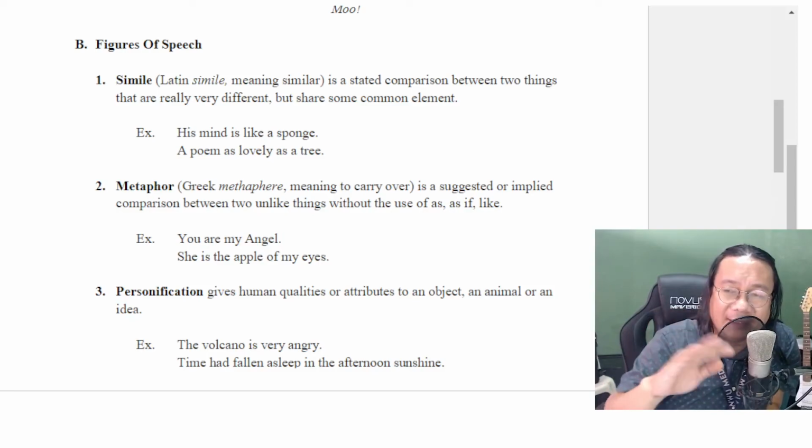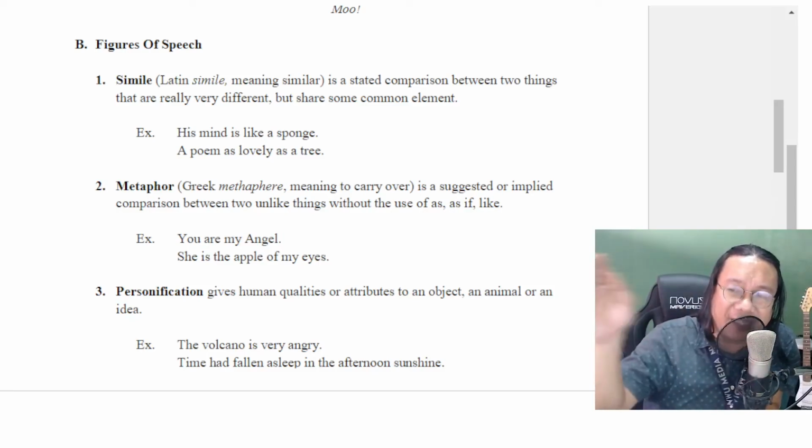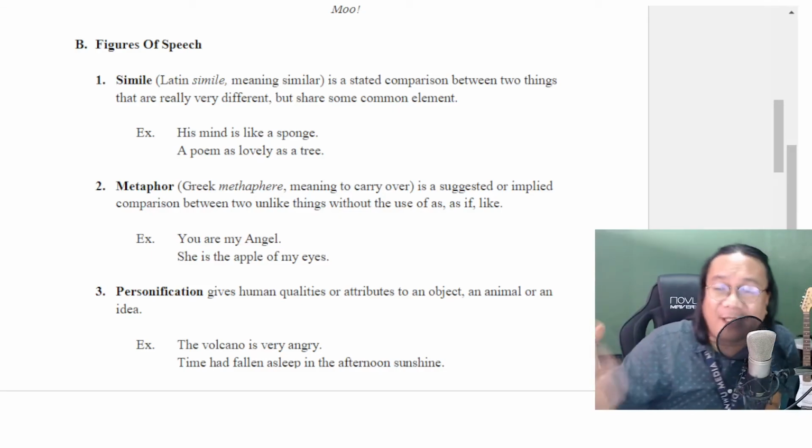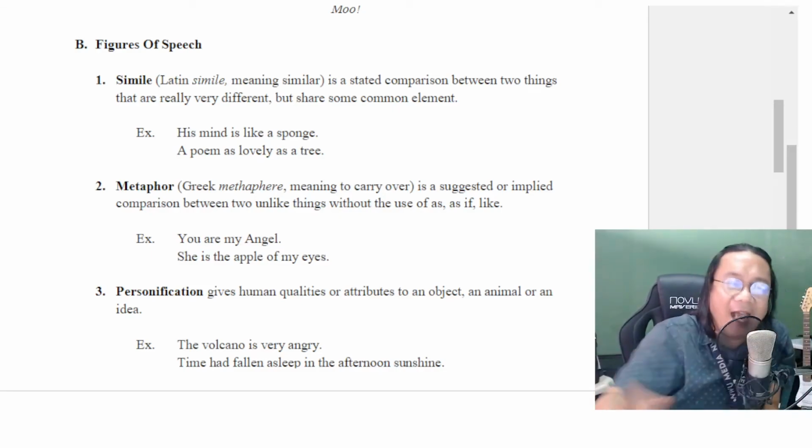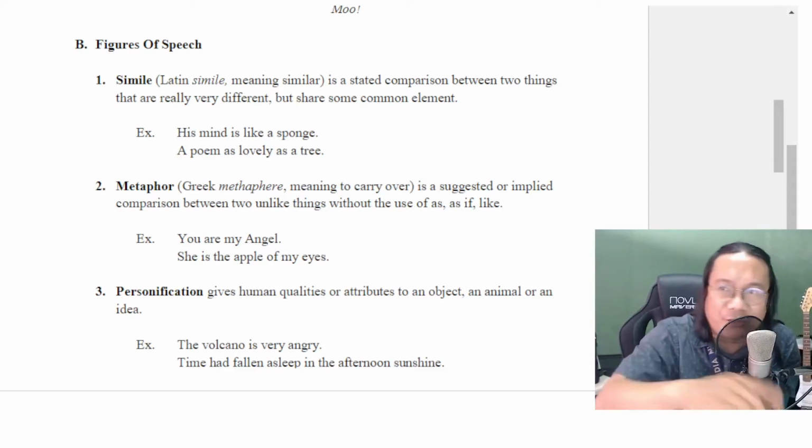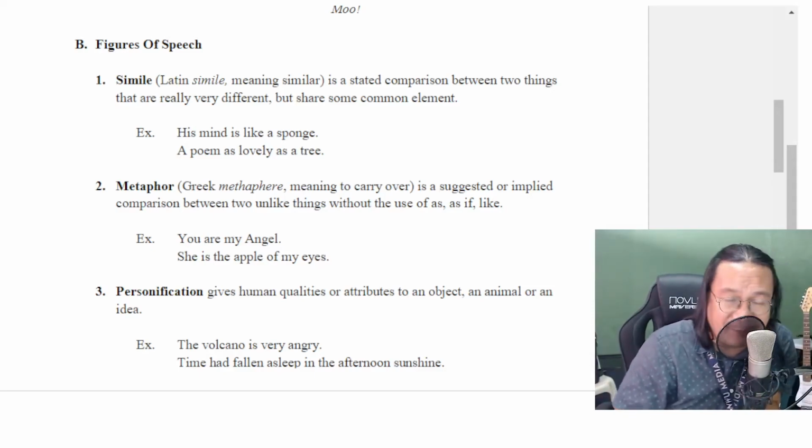But you are using its similarity. Is like, is as lovely, is as beautiful as. Those are the keywords when we are using simile.